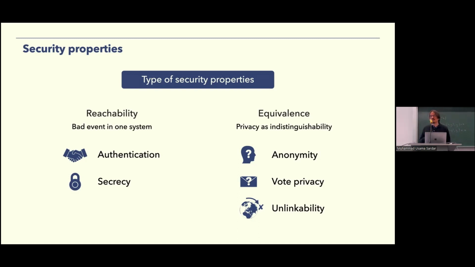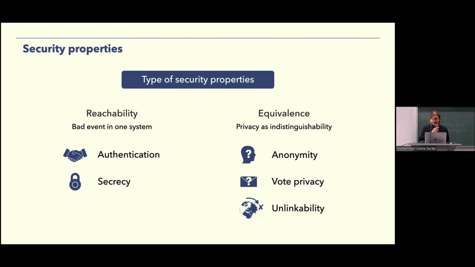Let me give you an example of the vote privacy, because this is usually the one I like. In secrecy, it's really, okay, I generated a secret, and you want to see if the attacker is able to deduce the value, the secret itself, S. But in a voting system, if it's a referendum, and it's yes or no, the value of the vote is known, it's public, it's yes or it's no. So the fact that the attacker knows yes or no is not a question.